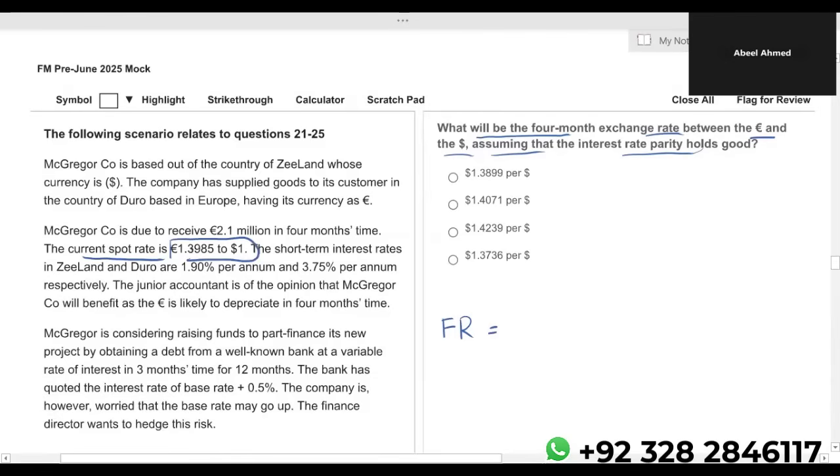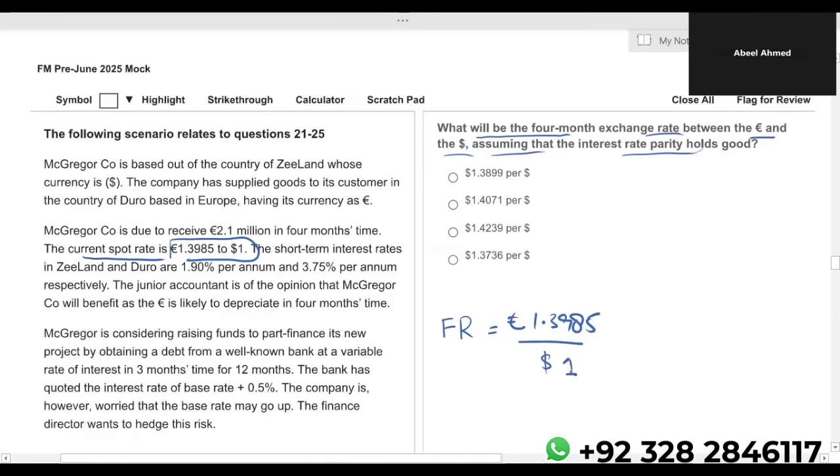Students, euro is in the numerator, so the interest rate of euro will be in the numerator and dollar is in the denominator. Interest rate of the dollar will be in the denominator. So it is euro 1.3985 per dollar 1. Okay, this is the scenario.